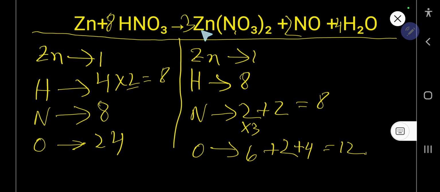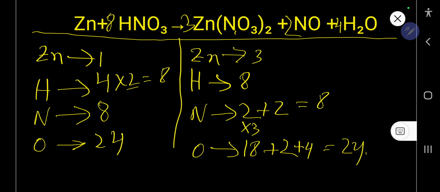Now we are getting, look, the number of zinc is here 3, the number of nitrogen is here 2, this 2 is common, 2 times 3 is 6, 6 plus 2 from here, 8. Then oxygen is here, look, 6 times 3, 18. So basically 24 here, right? 24 oxygen, 24.